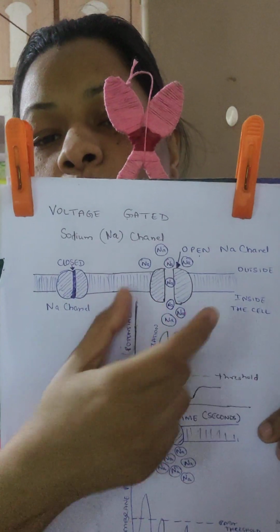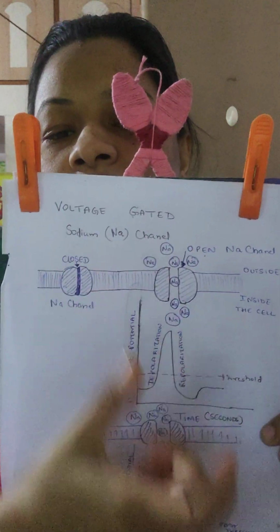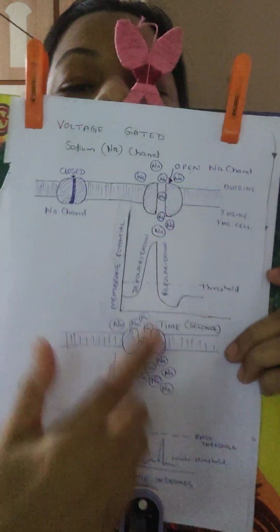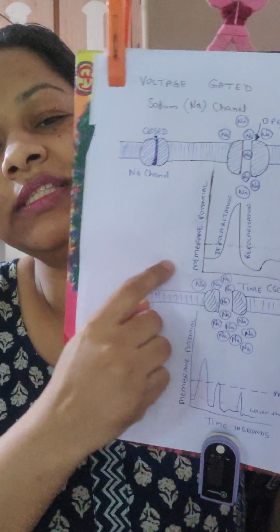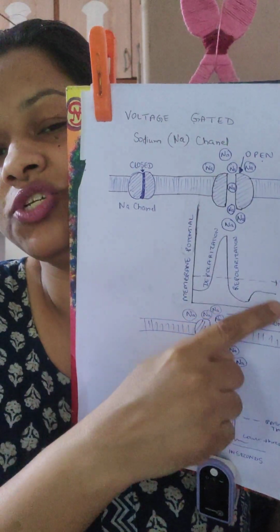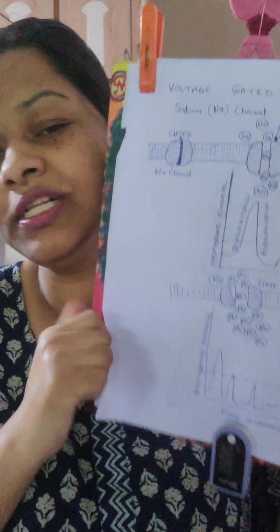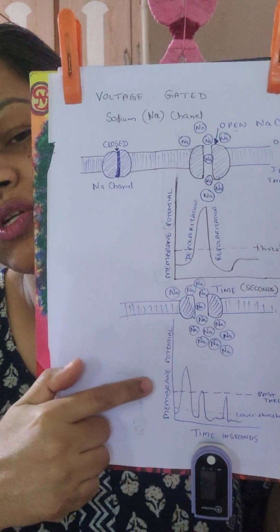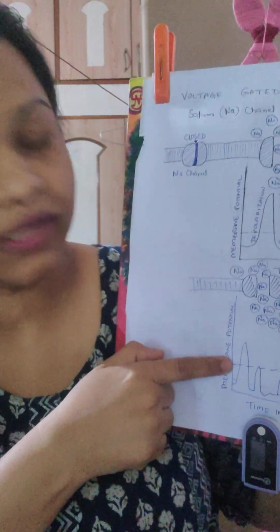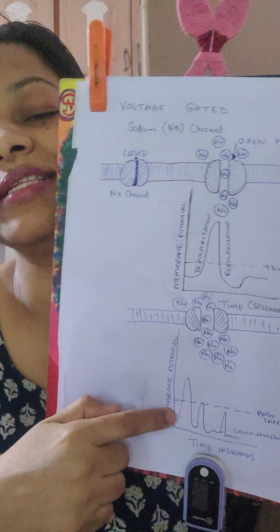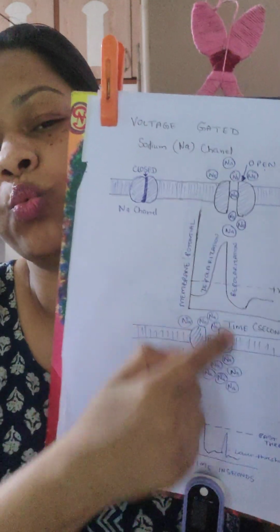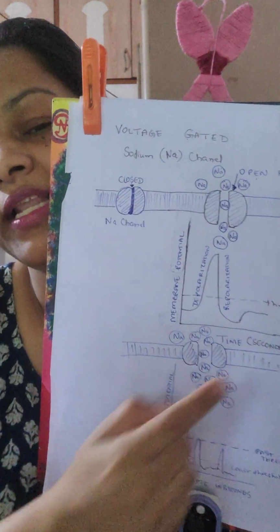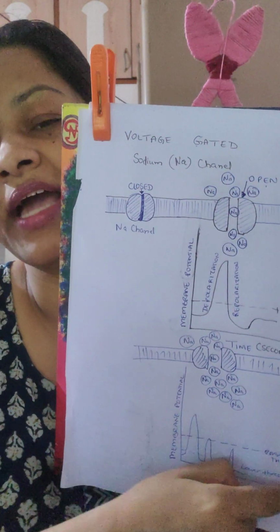And when the closing of this channel is slowed down, more sodium gets through into the cell, and when more sodium is getting through, the threshold at which the cell usually fires an action potential, the normal threshold up here, gets lowered, and as a result, instead of having just one firing of the cell in a span of a few seconds, there is multiple firing happening.